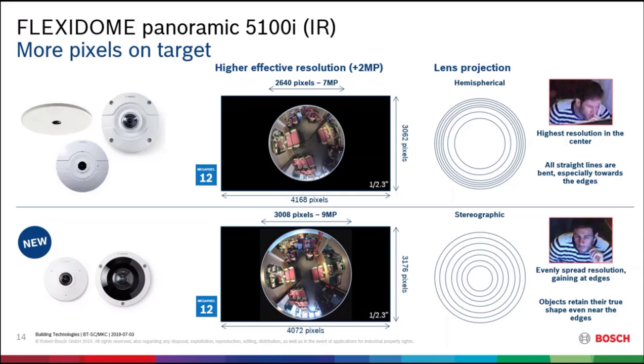With the new one, we're using a stereographic lens. With the stereographic lens, we're able to capture more. Again, with the 12 megapixel sensor, we're able to capture 9 megapixels of usable image space. The predecessor was 7 megapixels, so it gives us more pixels on target. And the lens evenly spreads the pixels throughout the image itself.